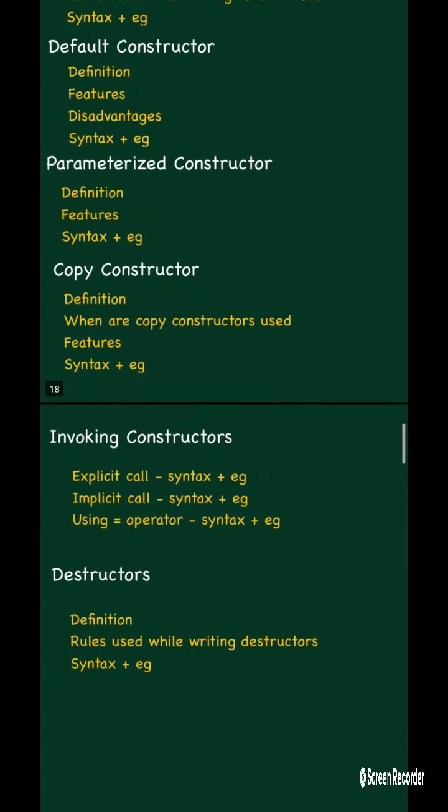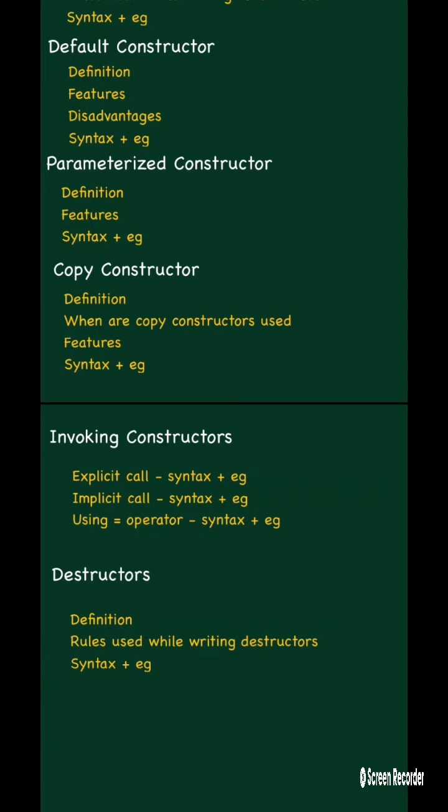Next, destructor, a very important question. You can expect destructor for 2-mark or 3-mark questions. What is a destructor and which symbol is used with a destructor? We use the tilde symbol to represent the destructor. That is the important thing.